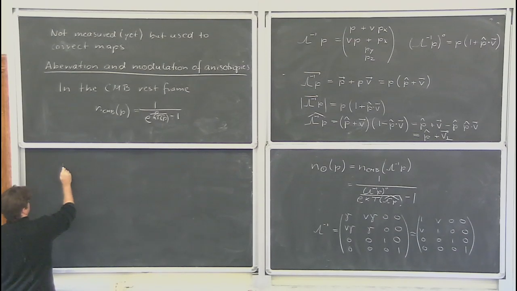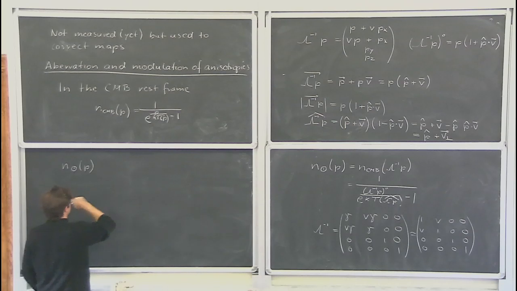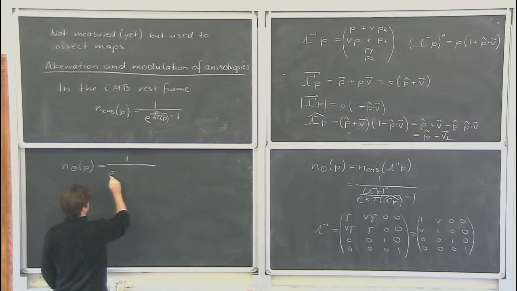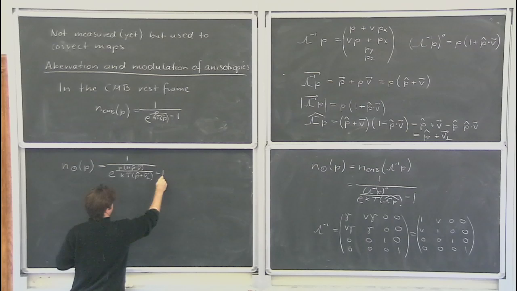So if we write it out, what we have is that the occupation number in the solar system frame is equal to 1 over e to the, this is what we had before, p times 1 plus p hat dot v. This was our dipole. And then divided by k, and T is now evaluated at p hat plus v transverse, minus 1.